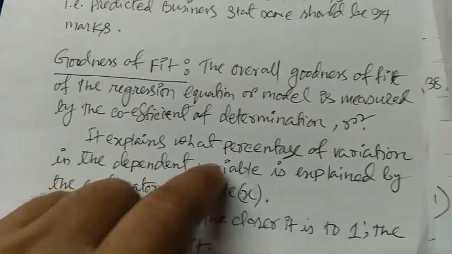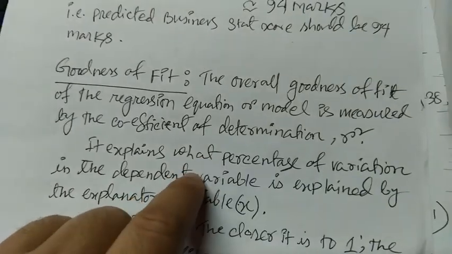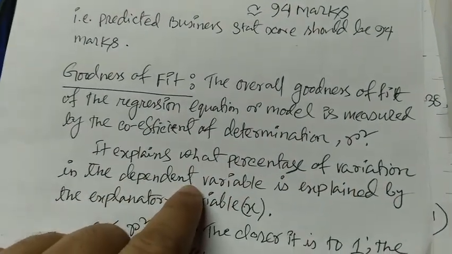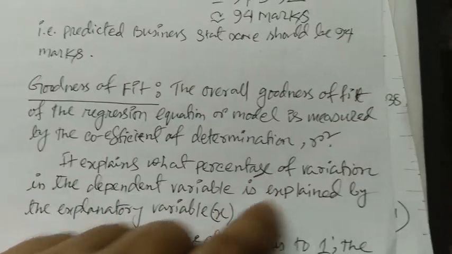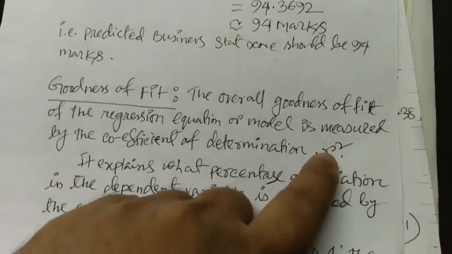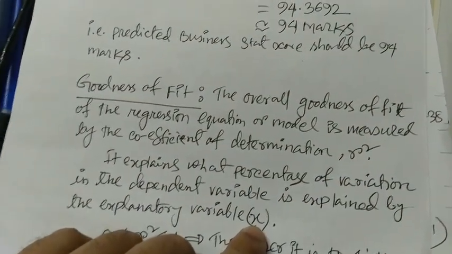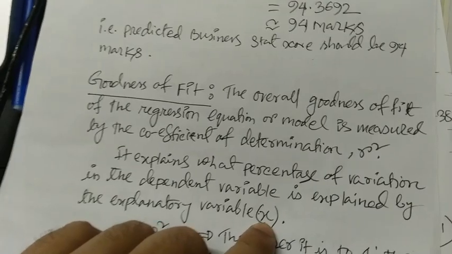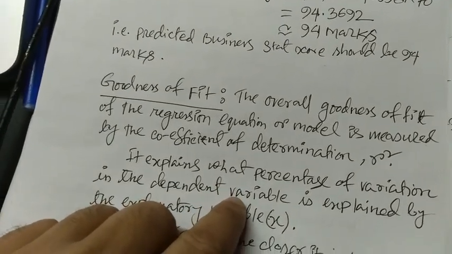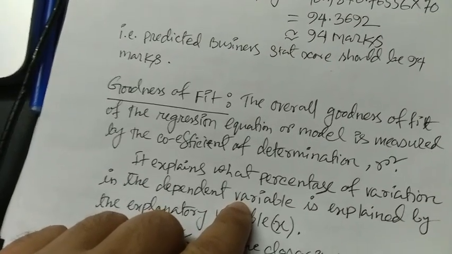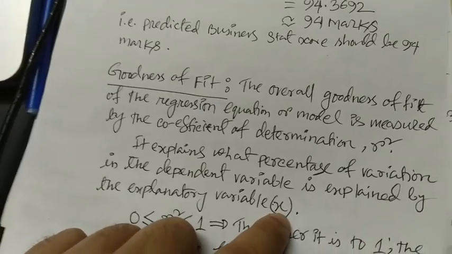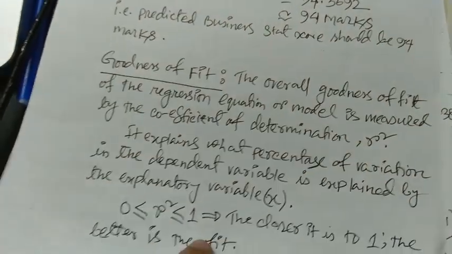R square explains what percentage of variation in the dependent variable is explained by the explanatory variable x. That means the effect of x on y, we can understand by R square.